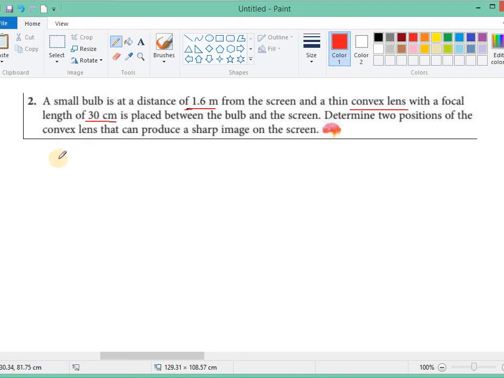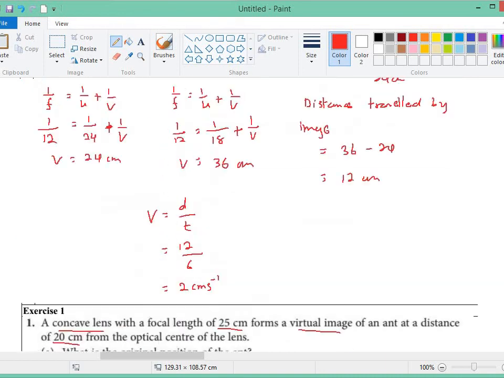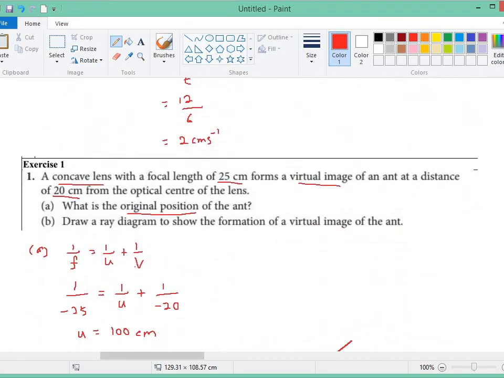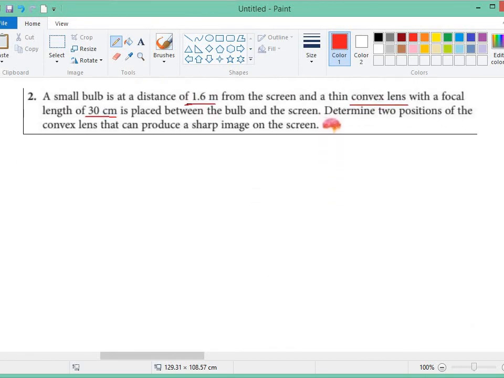So what information do we have? For this kind of question, and for the previous question also, we can organize the information by writing it out. It says small bulb at a distance of 1.6 meter from the screen.